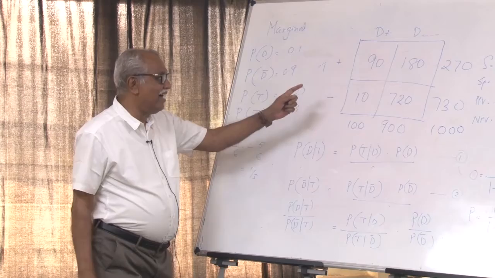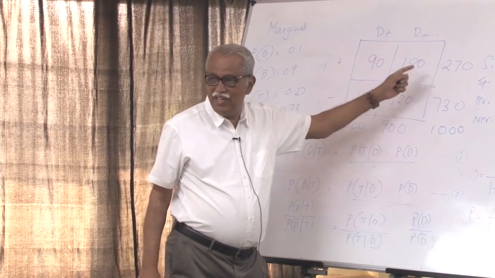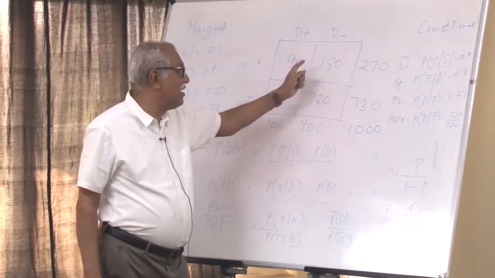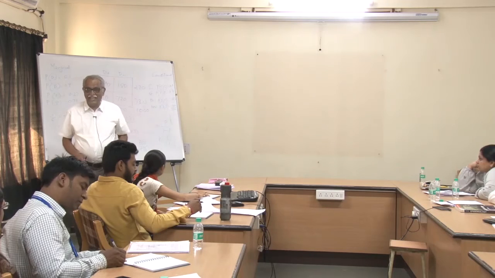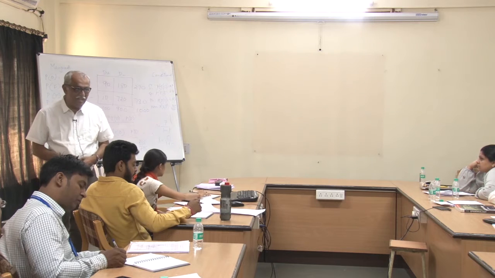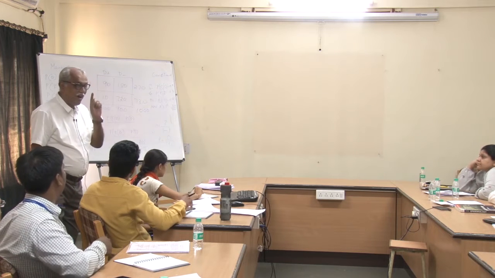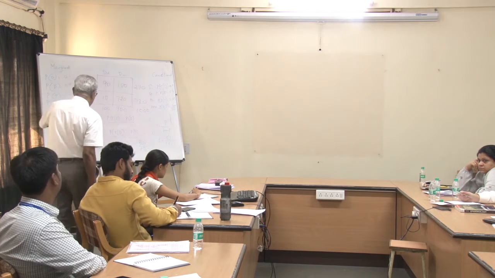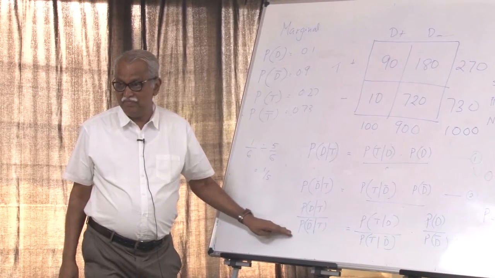Okay? 90 by 270 is positive predictive value. 1 minus that is 180 by 270. That's also odds. That means odds for disease given test is positive. Not probability, odds for disease. The top is probability and below is 1 minus probability.